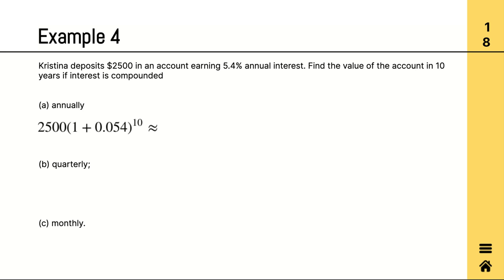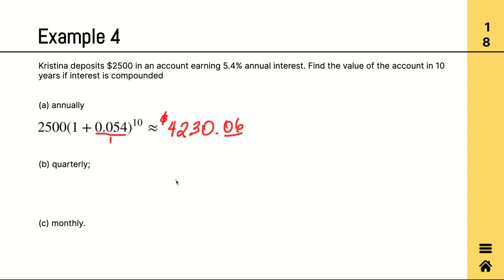We really didn't need to go in there and say divided by 1, but we can kind of mark that in there if we want to. And then that's raised to the power of NT. So that would be 10 years. N, again, is 1. So we really don't need to show 1 times 10. So this turns out to be approximately $4,230.06. All right, compounded annually, that's what we're looking at.